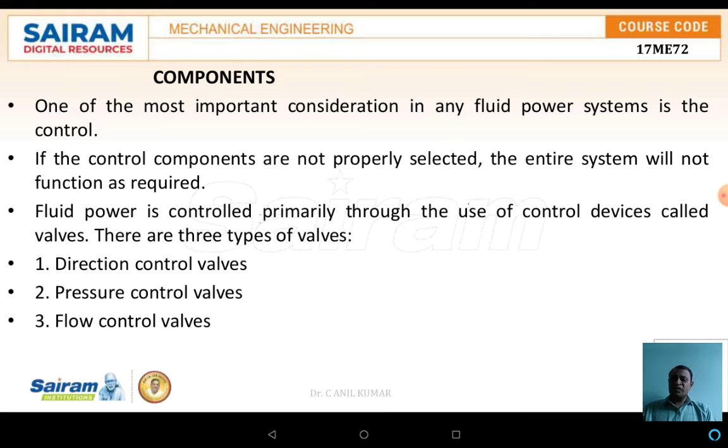The fluid power system is controlled primarily through the use of control devices called DCV valves, PCV valves and FCV valves. DCV is a directional control valve, PCV is a pressure control valve, and FCV is a flow control valve.